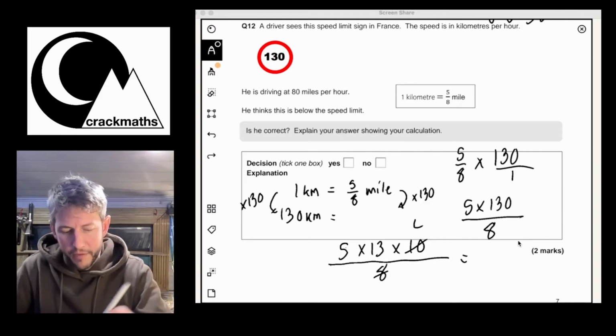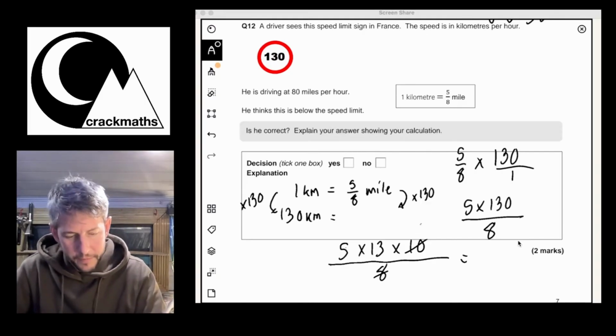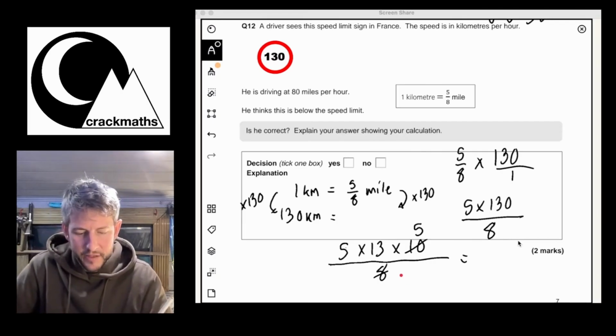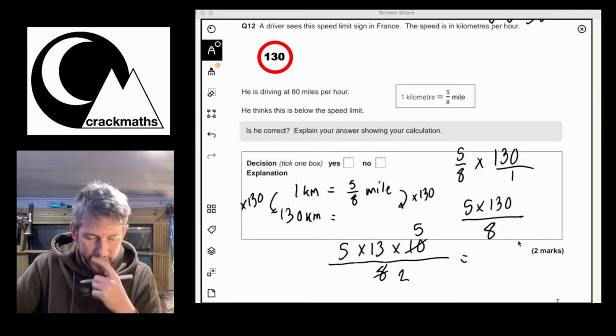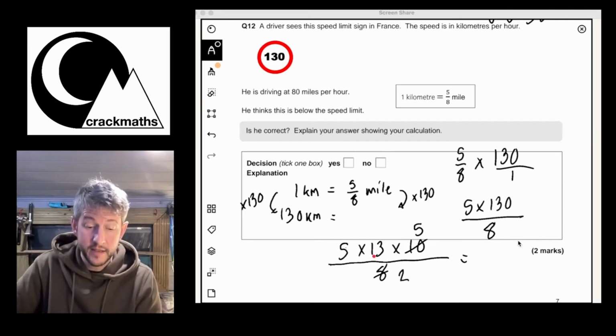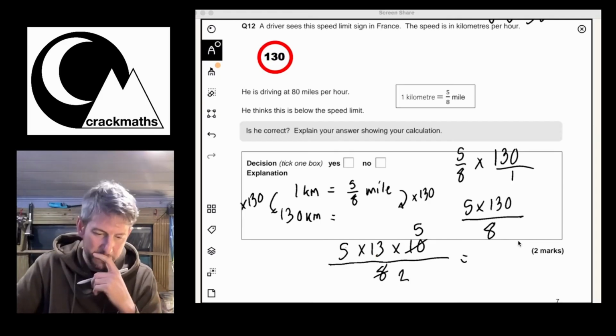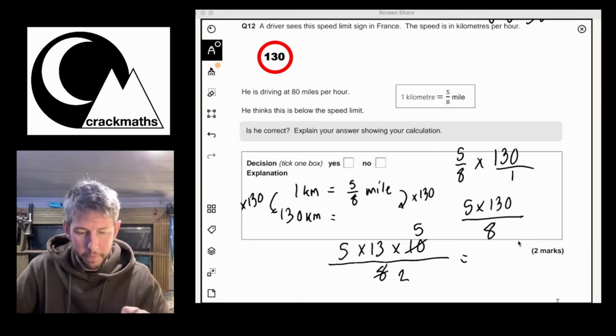I'm going to halve both of these, so I'm going to make this a 5 and this a 2. Okay, so I'm now looking at 5 times 13 times 5 all divided by 2.